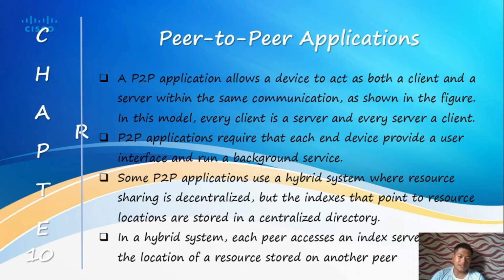Some peer-to-peer applications use a hybrid system where resource sharing is decentralized, but the indexes that point to resource locations are stored in a centralized directory. In a hybrid system, each peer accesses an index server to get the location of a resource stored on another peer.